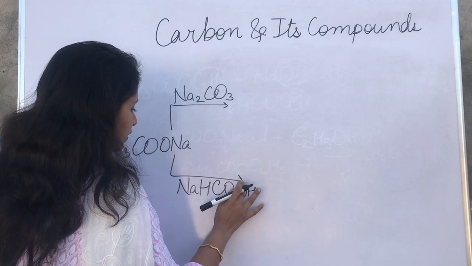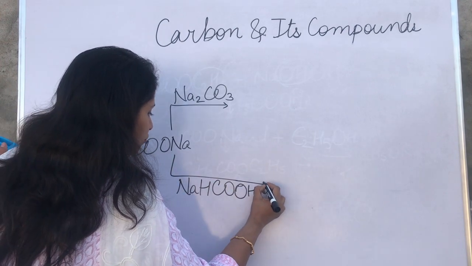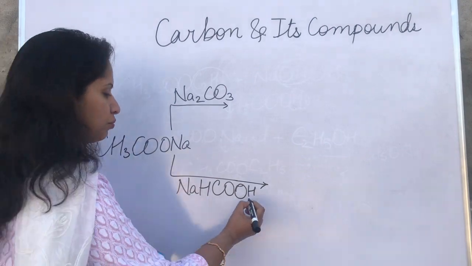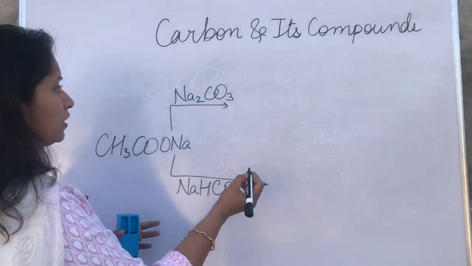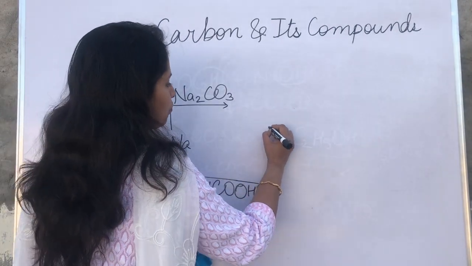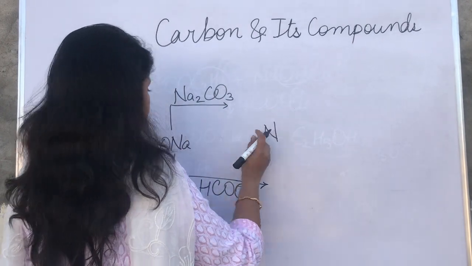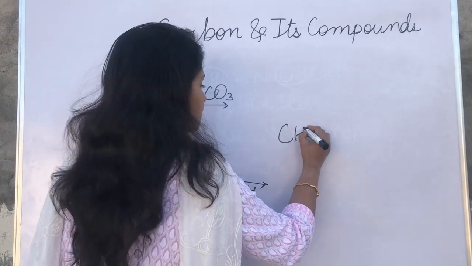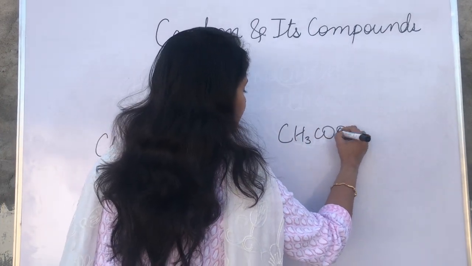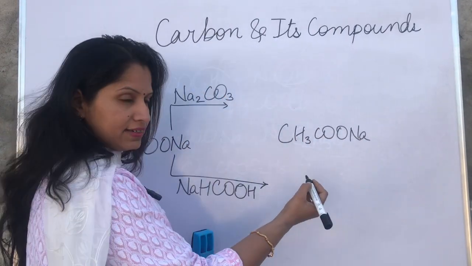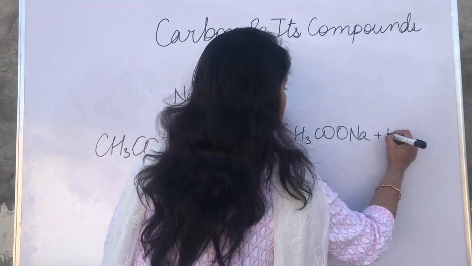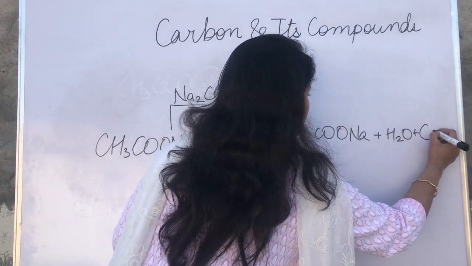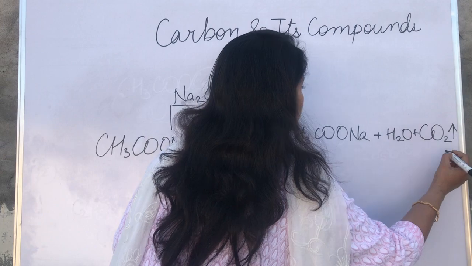If we make it react with sodium carbonate or sodium bicarbonate, then in both the reactions the product is the same: CH3COONa, sodium acetate, plus water, plus carbon dioxide gas will be liberated.